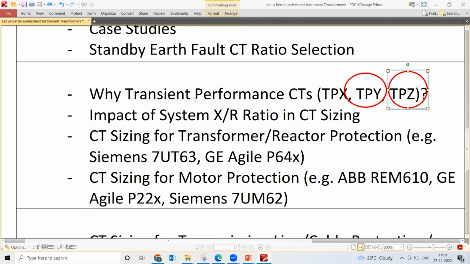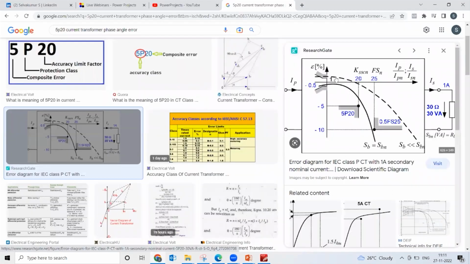And you need more accurate CTs for such scenarios. You may need TPY CTs for distance protection with auto recloser facilities, and TPZ CTs for large capacity generator differential protection. So one is a magnitude, the other one is an angle, right?